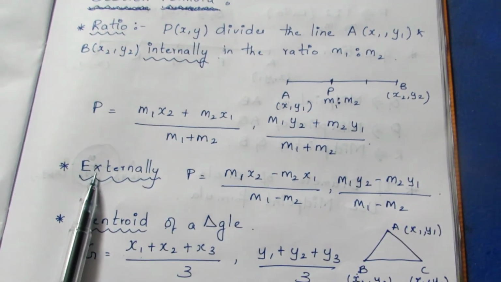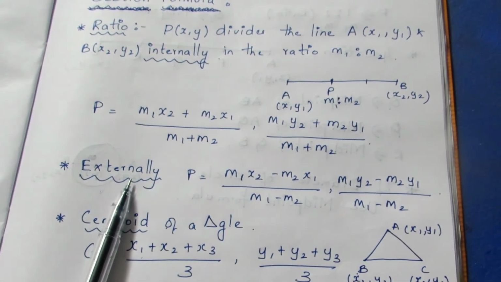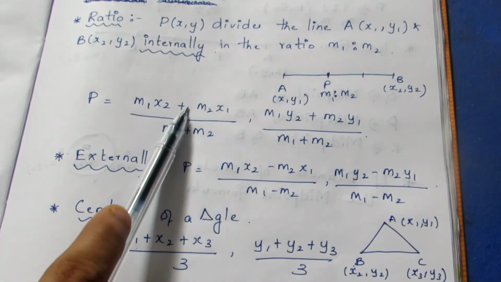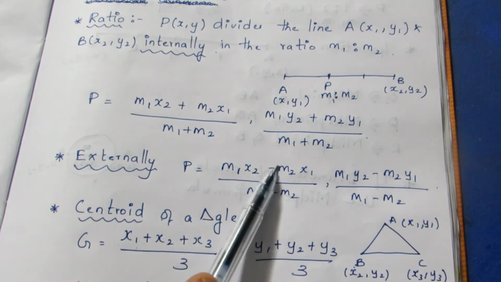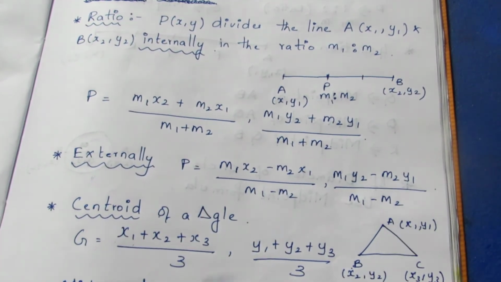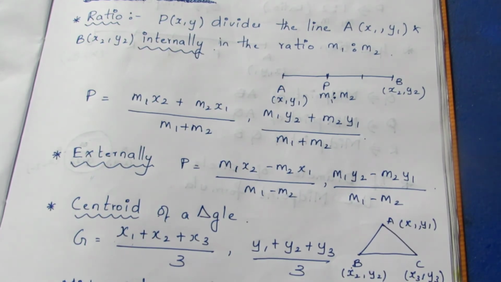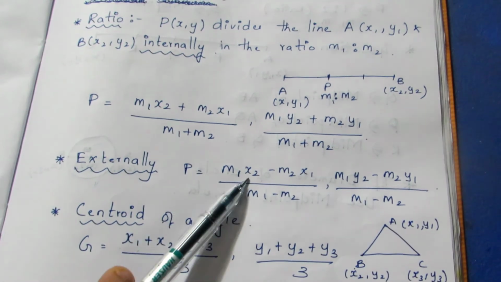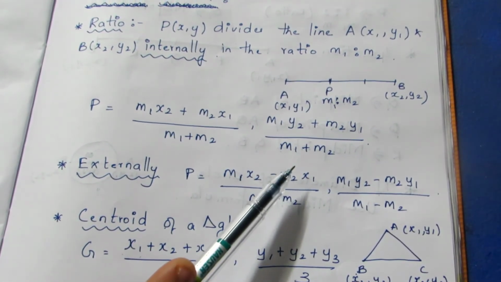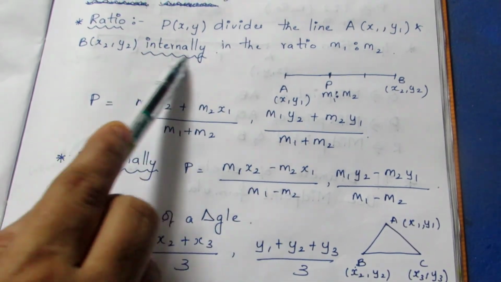And we also have a formula for the externally ratio. There is no big difference between these two formulas, only the sign. Here it is minus, where internally it was plus. Similarly, here minus, here plus. So this is the formula for externally. Remember that if it is not given as externally or internally, we need to take the internally formula.